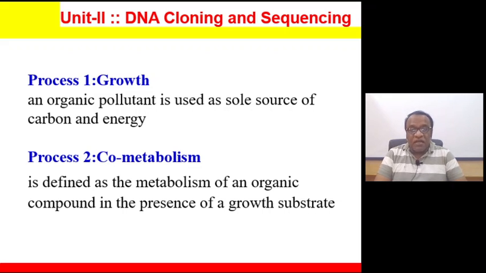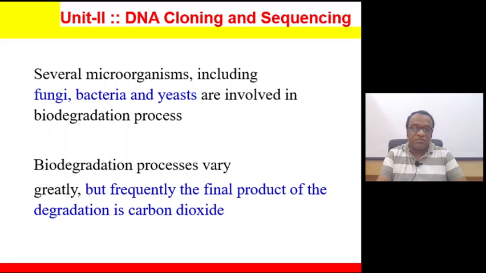Degradation or mineralization of organic pollutants. Now, what happens in process 2, that is co-metabolism? This is the metabolism of an organic compound in the presence of a growth substrate, which is used as a primary carbon and energy source.